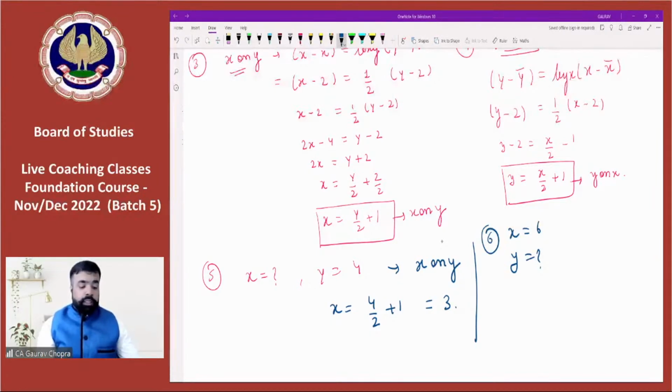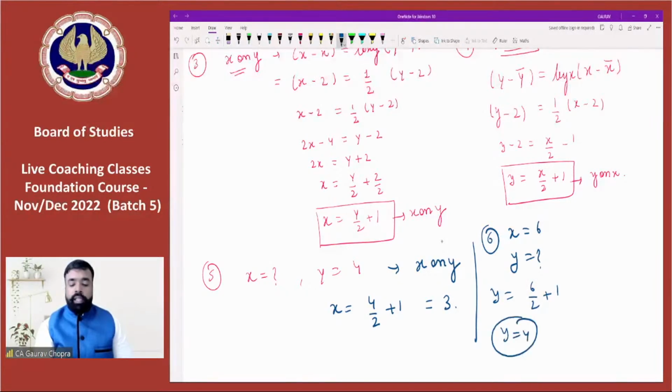Some of you have given the answer as 4. So y is equal to 6 upon 2 plus 1. So y is equal to 4. In this manner, we can easily solve all the questions. Whenever we have a series, we can calculate the equation, the regression coefficient, the correlation coefficient, and we can estimate any value of x for a given value of y.